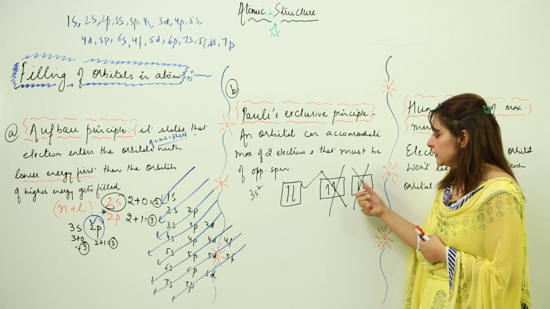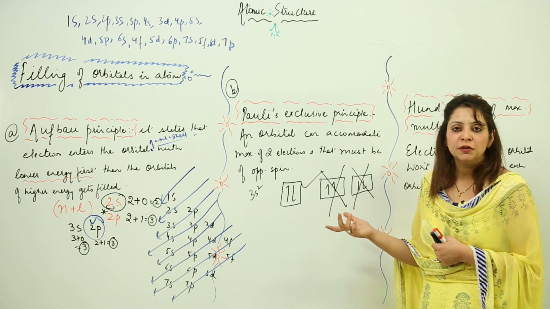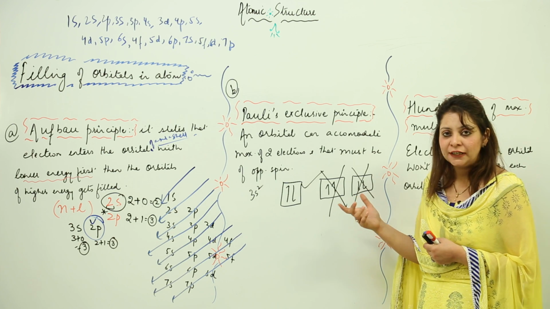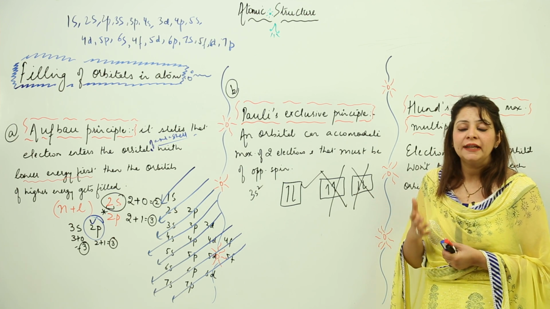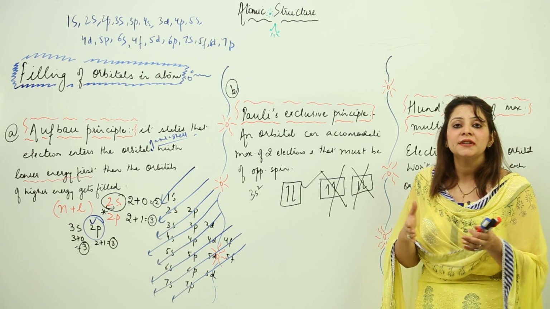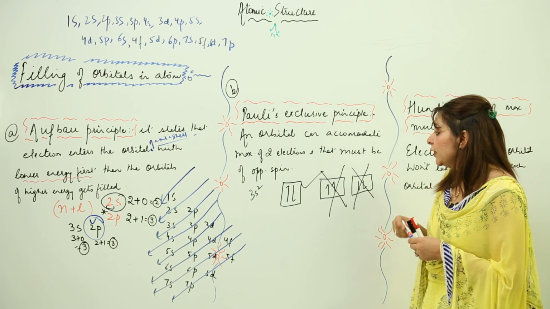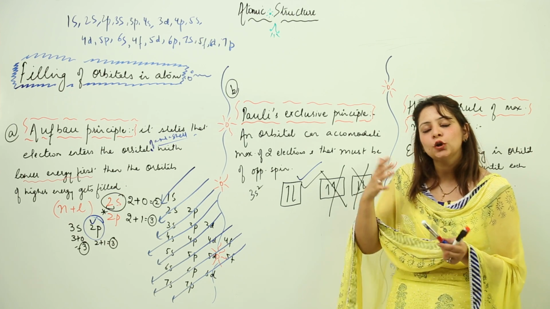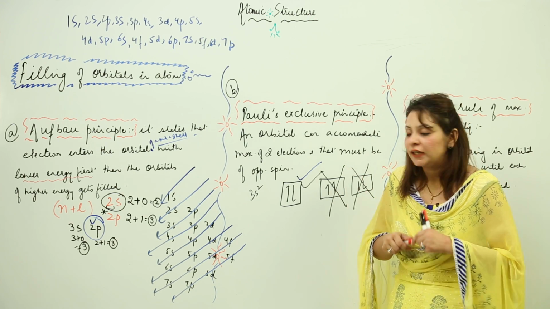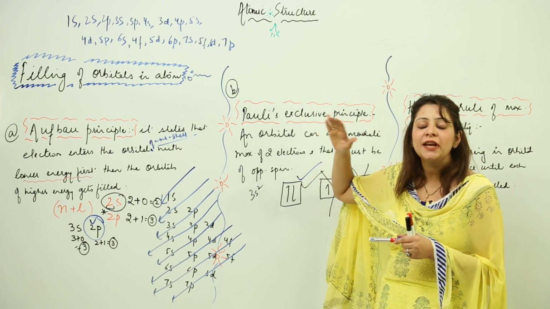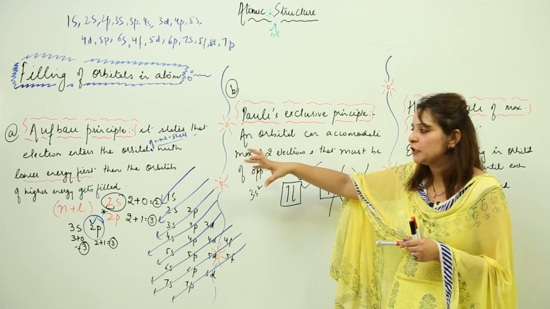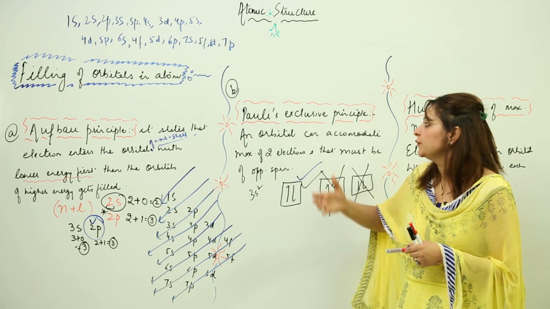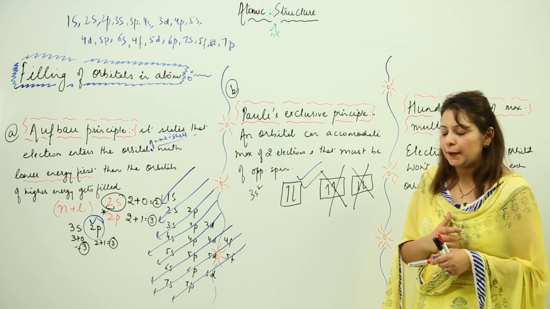But in these 2 cases all the 4 quantum numbers are the same, even the spin is the same. So it is not possible, because in an atom all quantum numbers cannot be the same for any 2 electrons. So you need to fill in this way, one with the clockwise spin, another with the anti-clockwise spin. So this is the second rule which we have to follow after the Aufbau principle, and while filling the orbitals we need to use Pauli's exclusion principle.